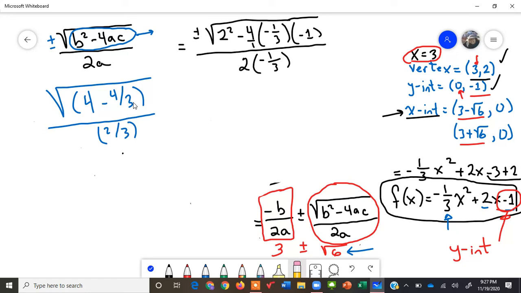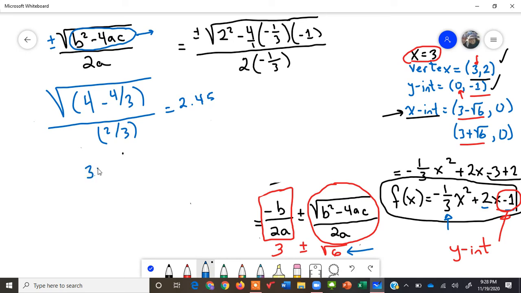You simply put into your calculator the square root of 4 minus 4 divided by 3, get outside the radical, divided by parentheses 2 divided by 3. And we get, as we saw before, 2.45.